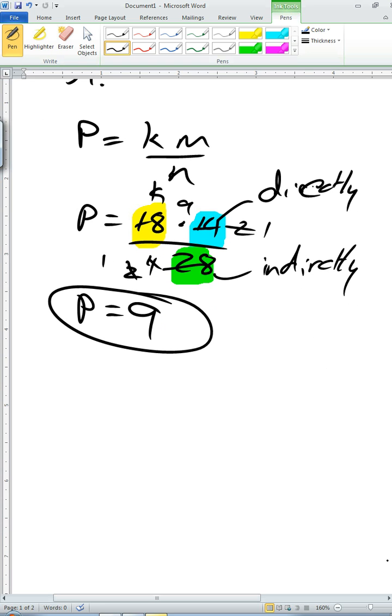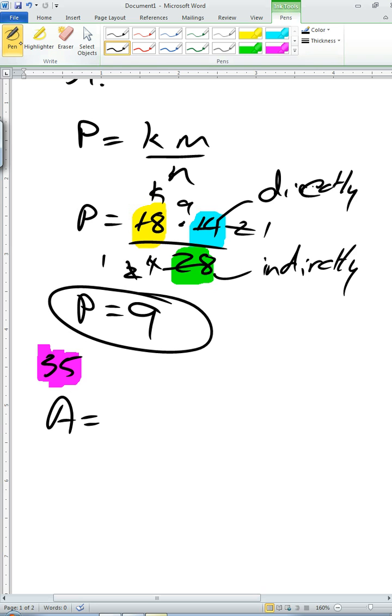We'll do one that's a little bit harder. Let's go to 35, then we'll finish off with a really fun one. This is question 35 now.